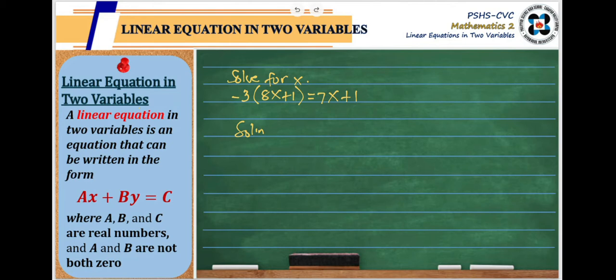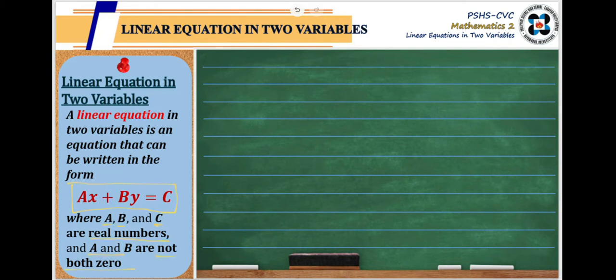Okay, so in this lesson, we will extend your existing knowledge to linear equations in two variables. What is a linear equation in two variables? A linear equation in two variables is an equation that can be written in the form ax plus by equals c.